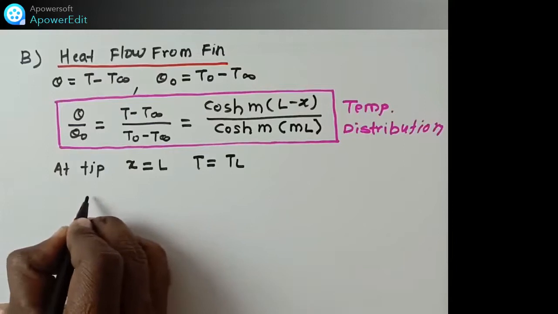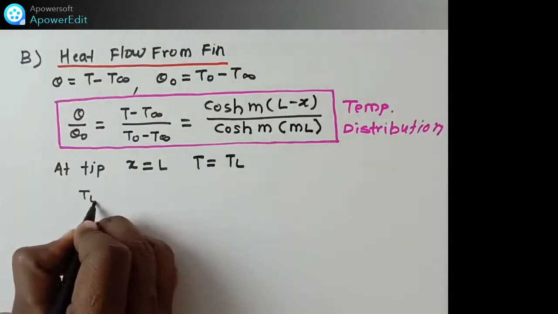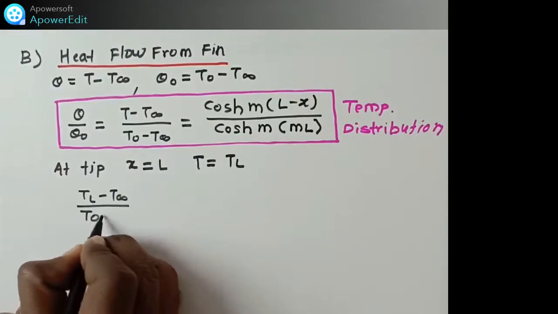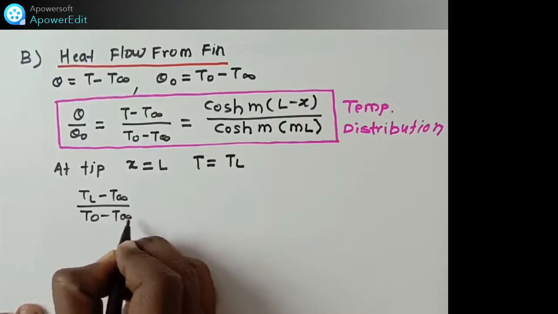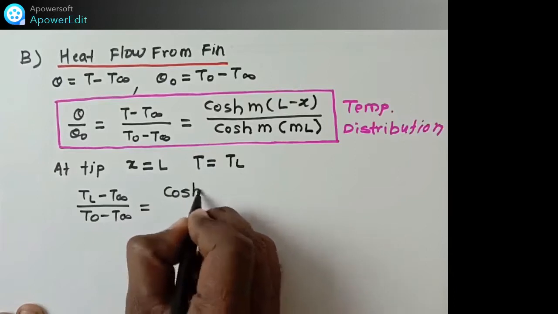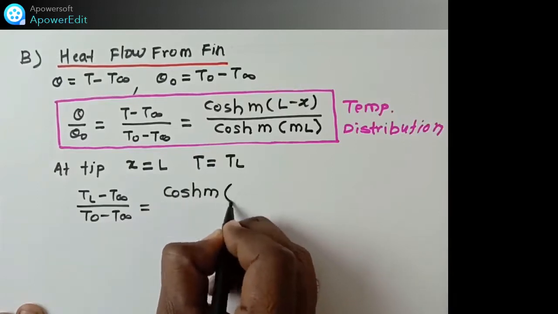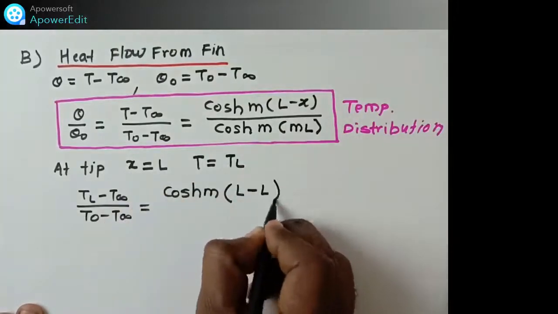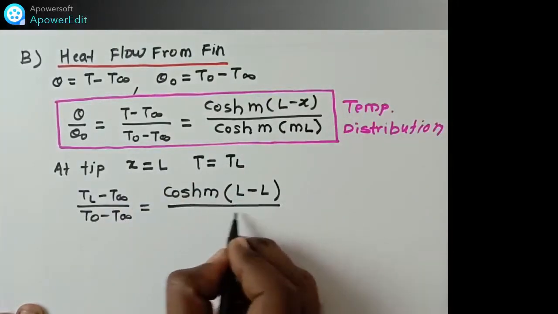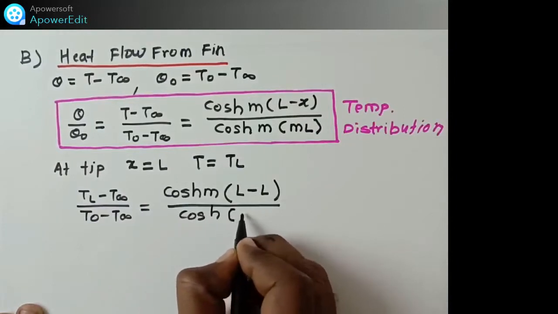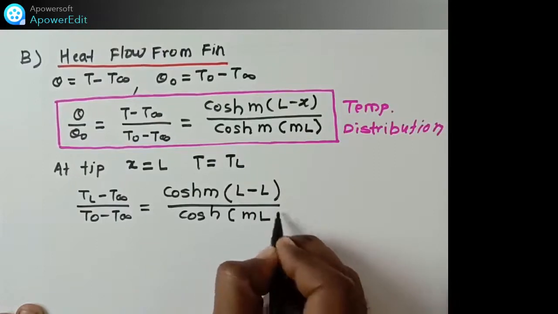So now we will have the equation TL minus T infinity divided by T0 minus T infinity is equal to cosh m inside the bracket L minus x, whose value is L, divided by cosh ml.